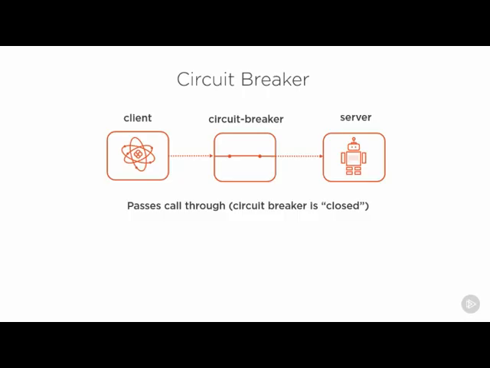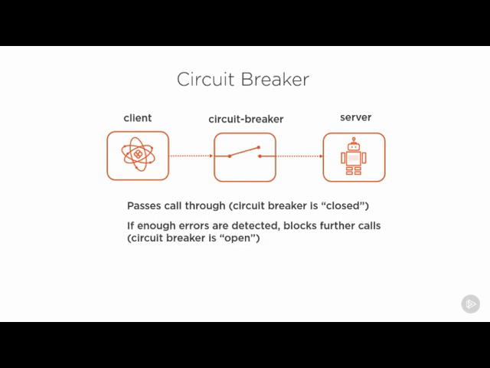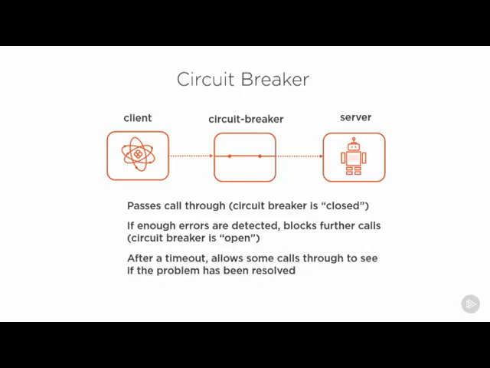However, if it detects any errors, maybe the server is returning error codes or it isn't responding at all, then the circuit breaker opens, which means now, whenever the client makes a call, it's going to fail fast, rather than passing on that request to the server. But after a configured timeout has elapsed, the circuit breaker allows a few calls through again to see if the downstream service has recovered.